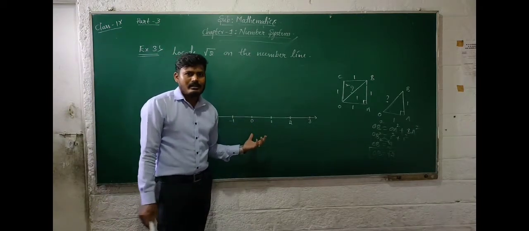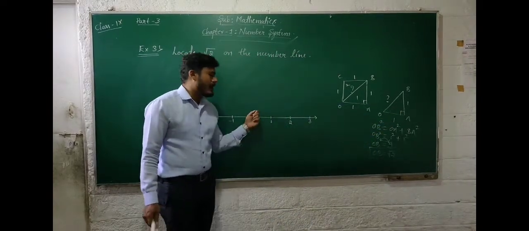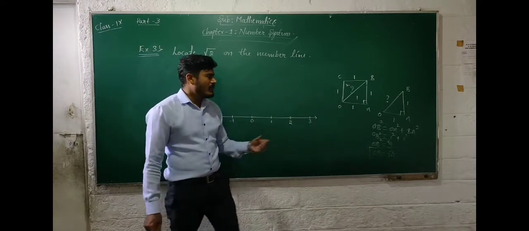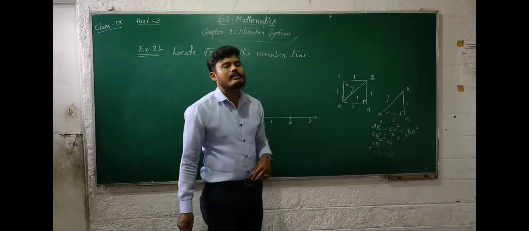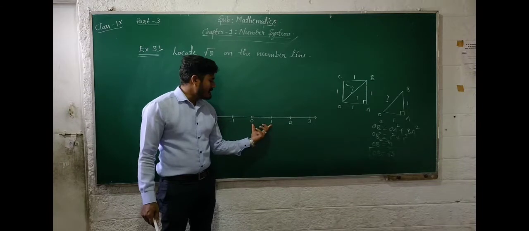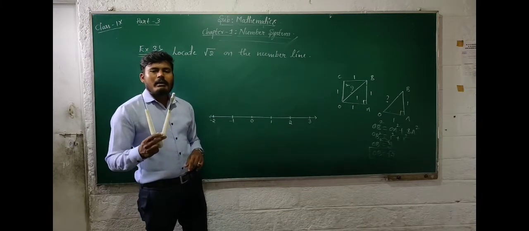On the number line you should draw this kind of right angle triangle. We know that the base of the right angle triangle measures 1 unit. Here this distance is called 1 unit on the number line.